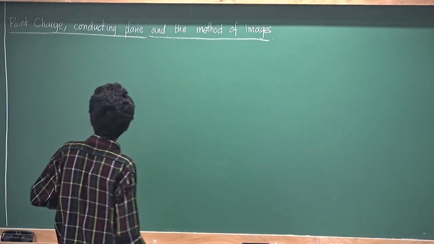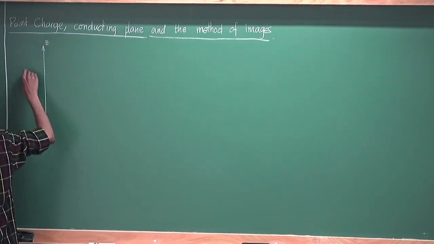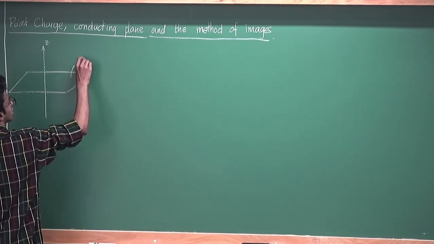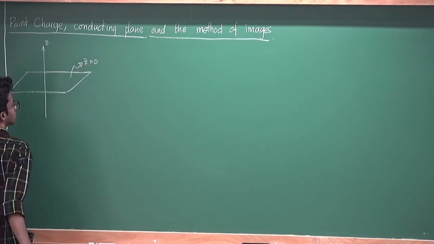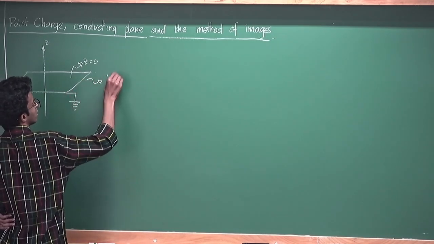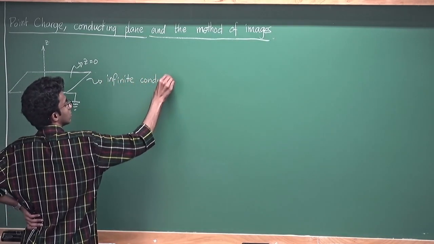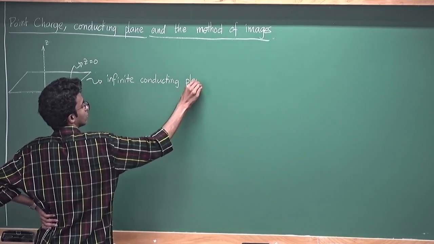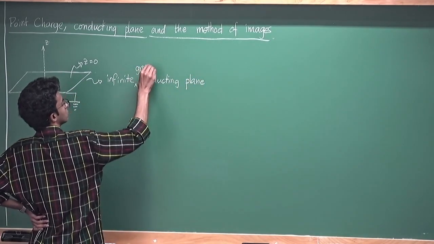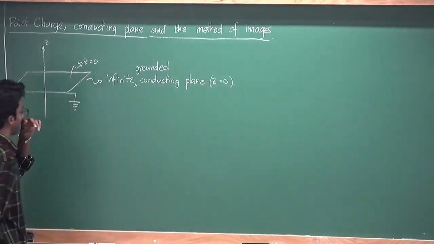So the problem I want to start with is the following. You have an infinite conducting plane, which is grounded, at z equal to 0, okay?